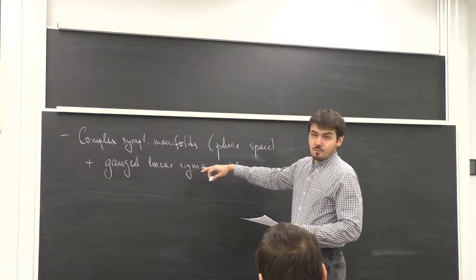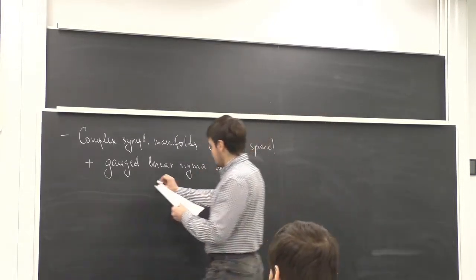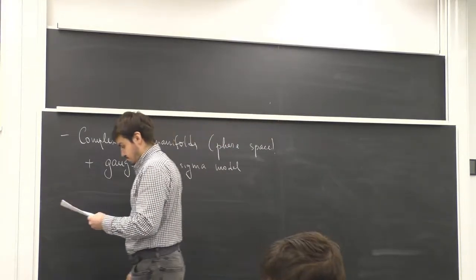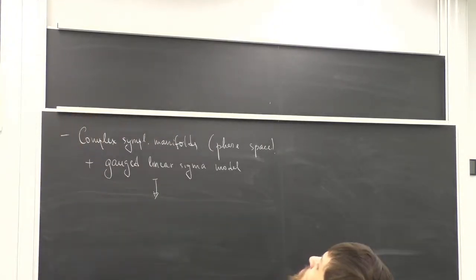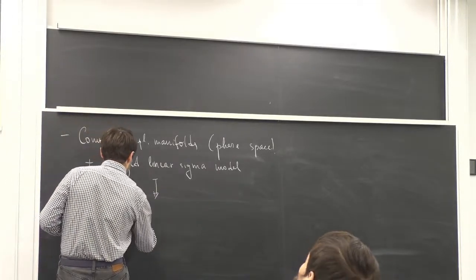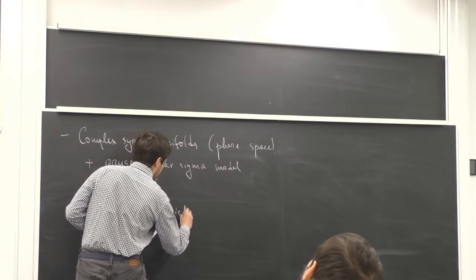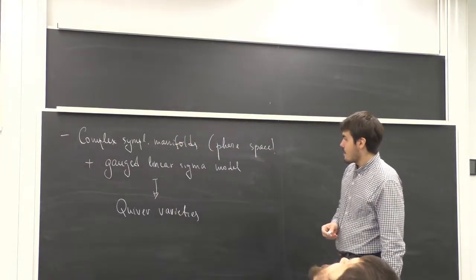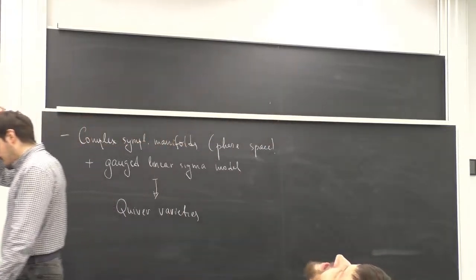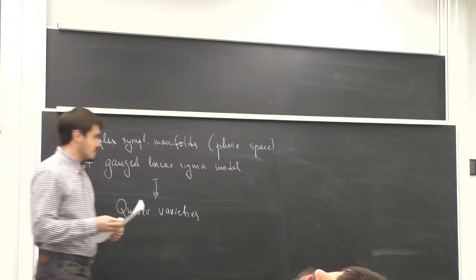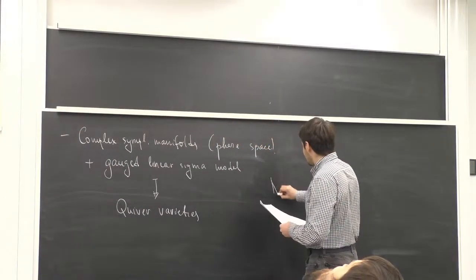This gauge linear sigma model approach leads naturally to these complex symplectic manifolds being quiver varieties. And in particular, what I will need is really not the resolved complex symplectic manifolds such as cotangent bundles, but something smaller, which are the nilpotent orbits of complex groups. So, nilpotent orbits.